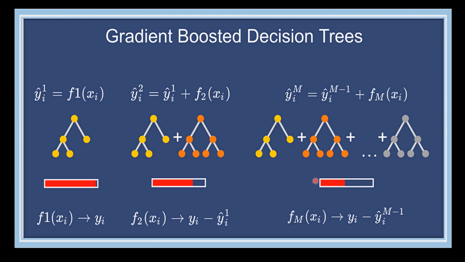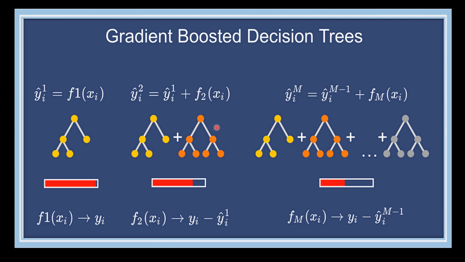First advantage is robustness. For you are combining various weak models, so gradient boosting can handle complex and non-linear relations in the data. Second is interpretability. So gradient boosting can provide feature importance ranking, which allows you to understand which feature is most important for the model's prediction.